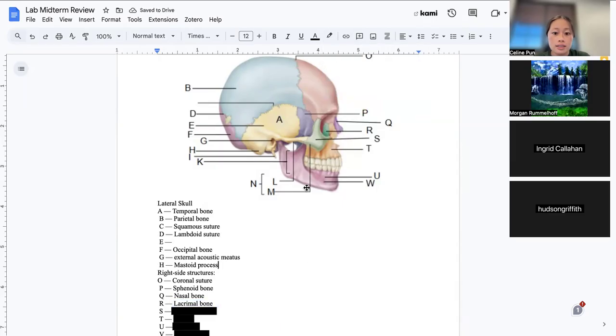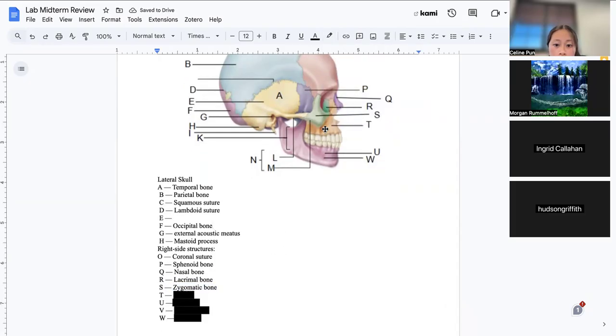And S, what is this bone called? What is this process called? Okay, it's specifically pointing at the zygomatic bone.